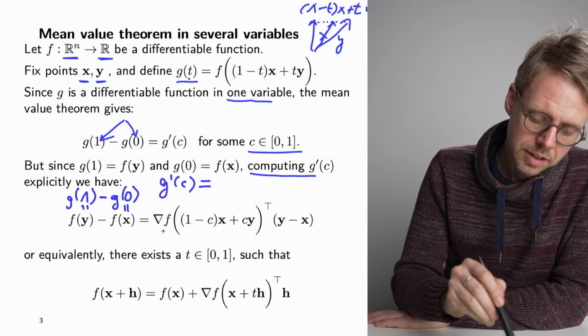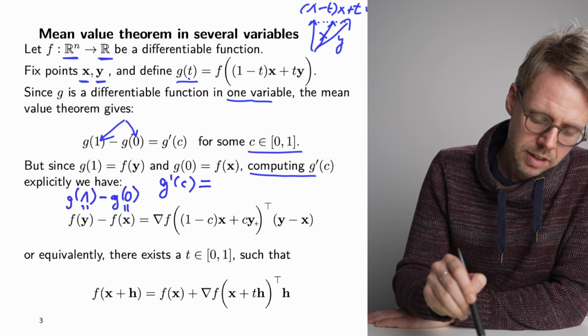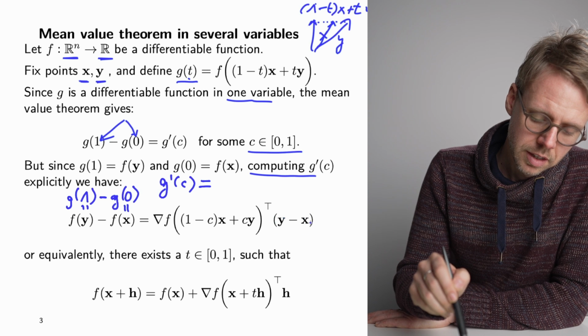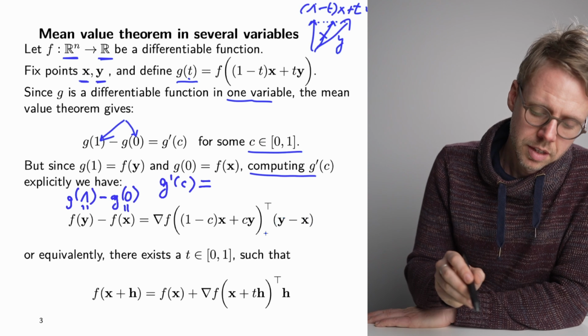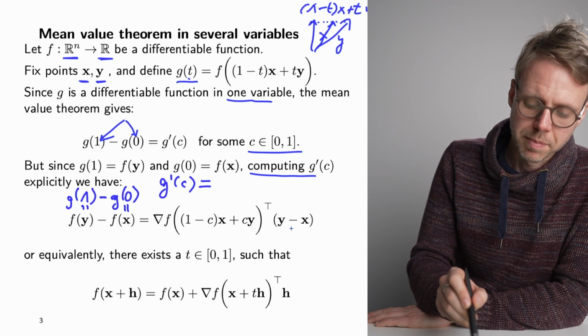So the gradient of f at (1 minus c) times x plus c times y, times the derivative of the inner part, which equals y minus x.